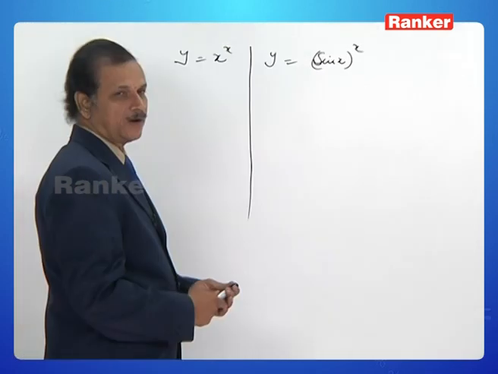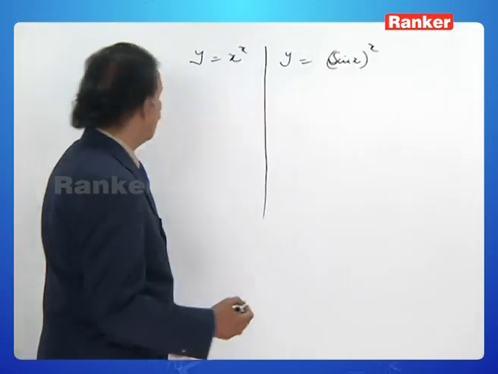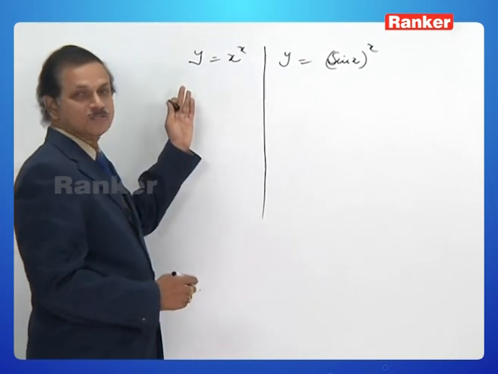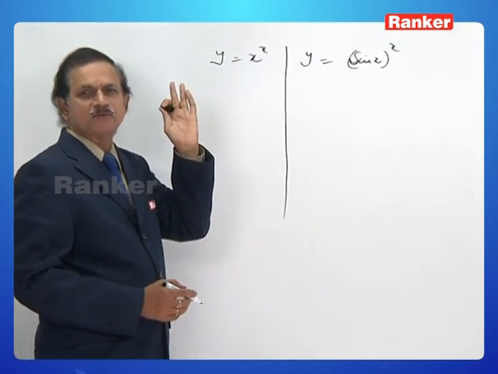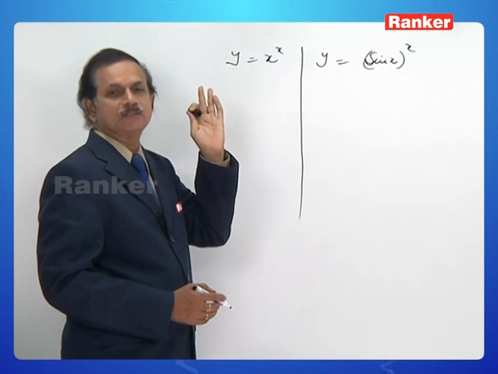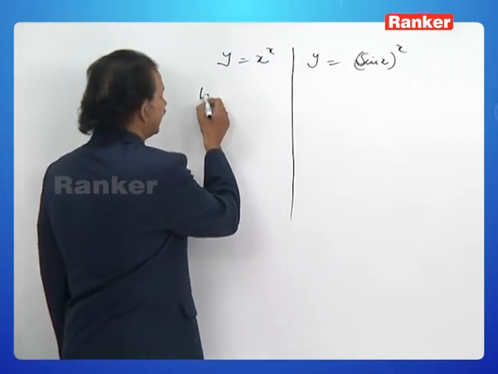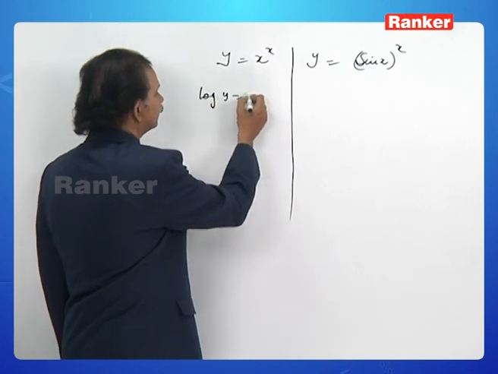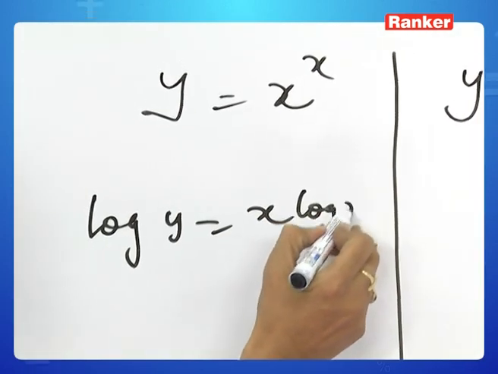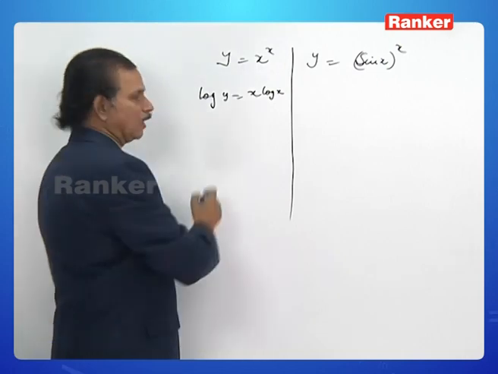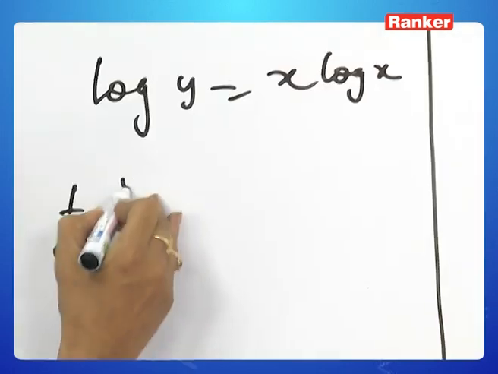As the next one, what is the procedure? Of course, we could have had the answer as a formula in the beginning itself. Derivative of x power x is x power x into 1 plus log x. How is it true? We are taking logarithms on both sides. Log y, derivative is 1 by y into y dash.